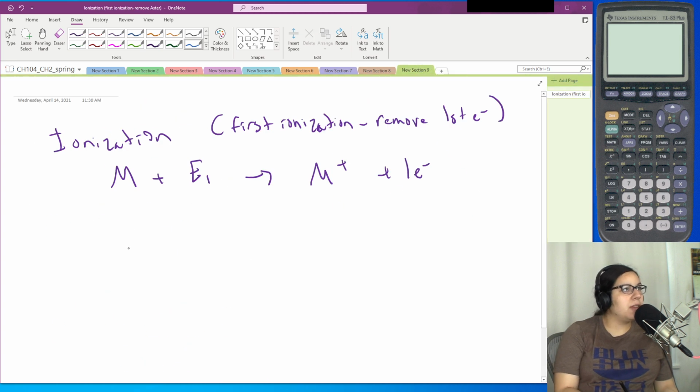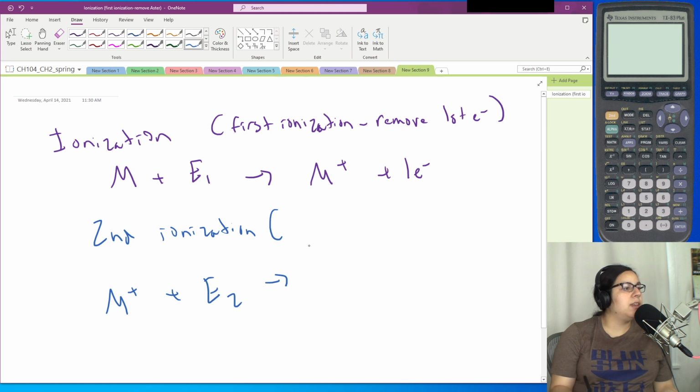So now going down to second ionization. The key is you're starting with now your M+. And now you're trying to see what it's going to take to remove a second electron. In general, your second ionization energy is going to be higher than your first.